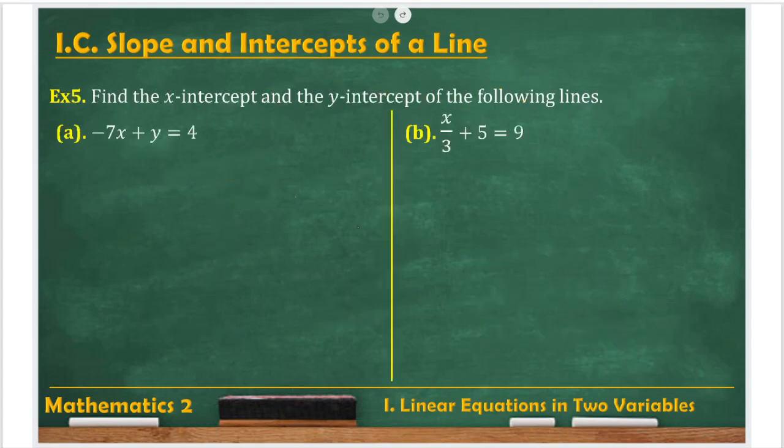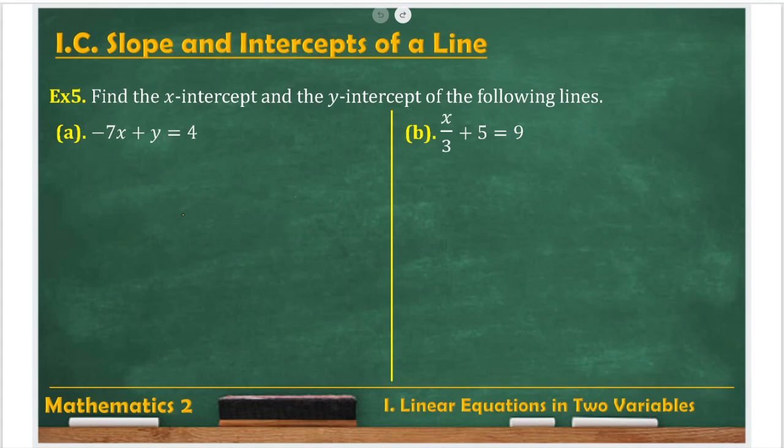So for example number 5, we're going to get the intercepts of a line, particularly the x-intercept and the y-intercept. The x-intercept is the point on the x-axis where the line crosses it. And when we say y-intercept, it's the point on the y-axis where the line crosses the y-axis.